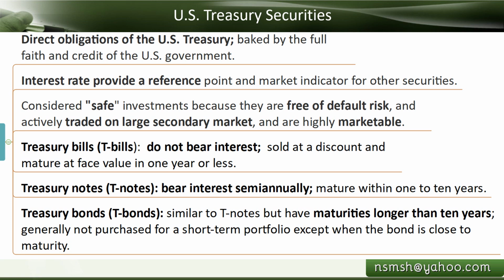They provide a reference point and market indicator for other securities also, because normally the US Treasury bill interest rate is taken as the index. Even from the examination point of view, sometimes they don't give the rate but say US Treasury bill rate, so students should be aware of taking that as the expected rate of return.